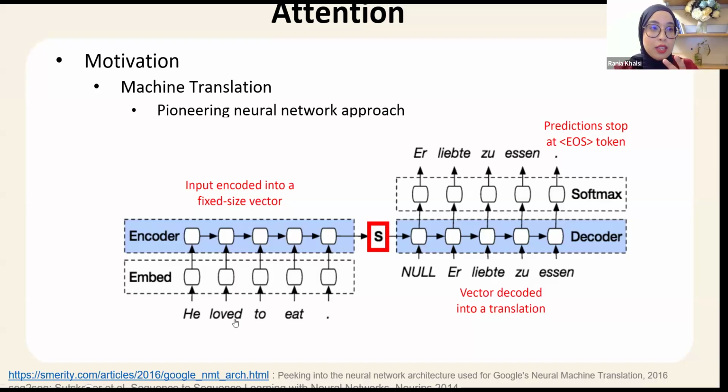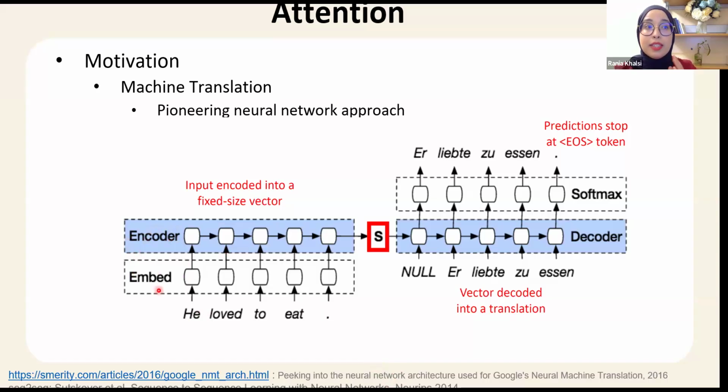I don't know if you see my cursor or not, so let me just try to show you with the laser pointer, okay? So this is the encoder-decoder architecture. Here we have the input sentence, and this input sentence is going through the encoder.